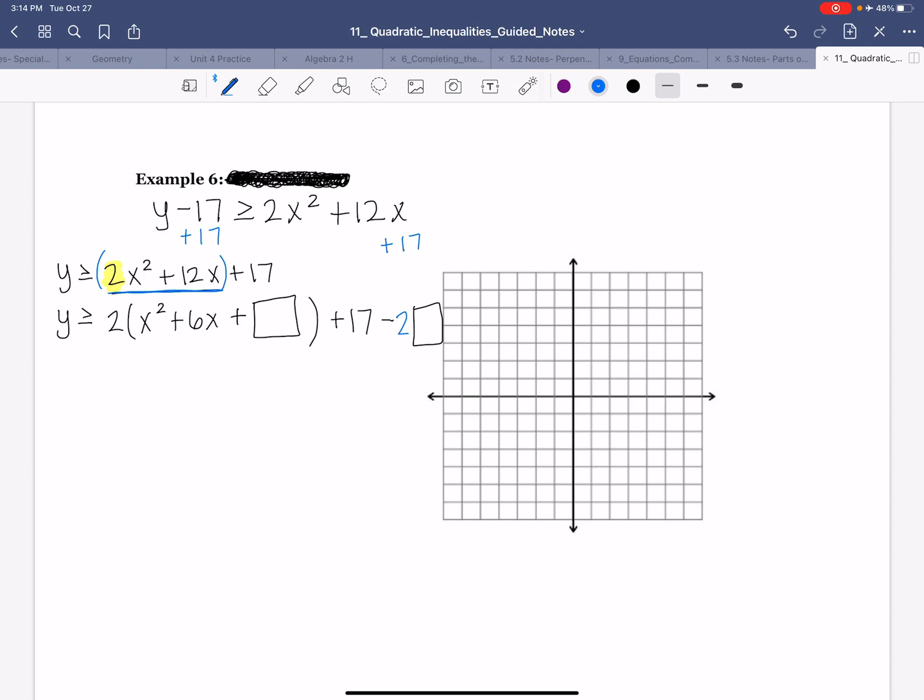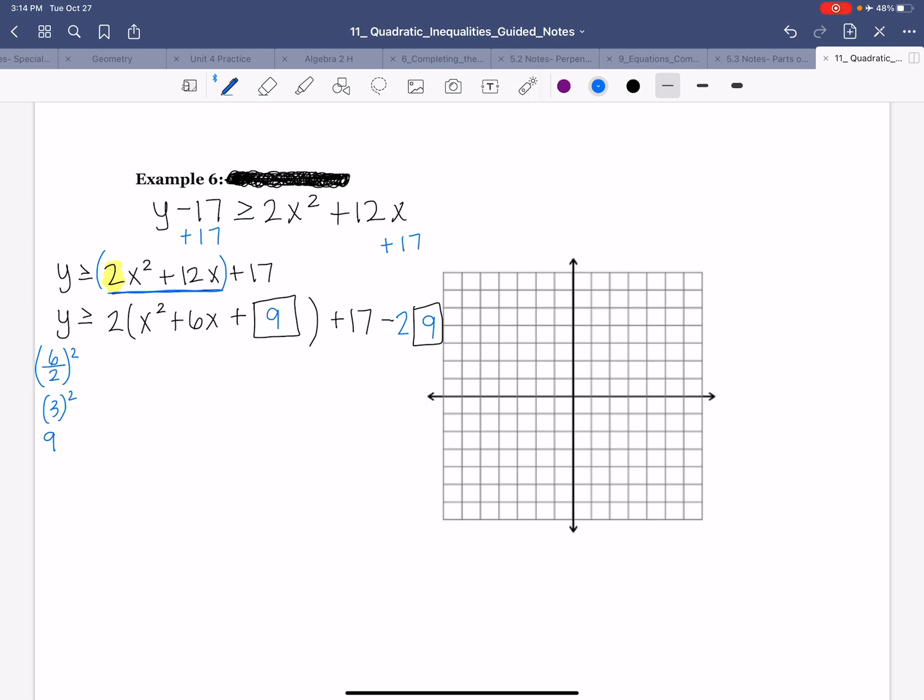Now remember, to complete the square, we use b divided by 2, squared. Our b value is 6, so we get 6 divided by 2 squared, which gives me 3 squared, which is 9. So we're completing the square with 9.